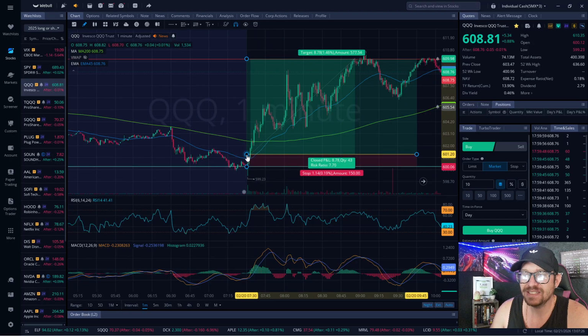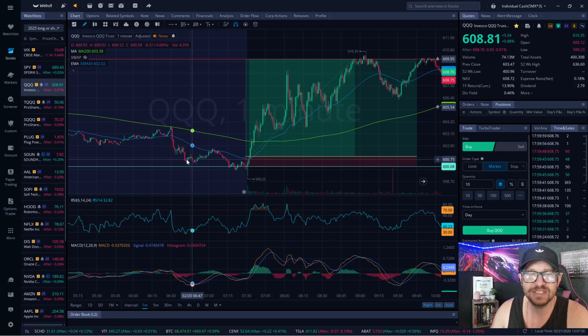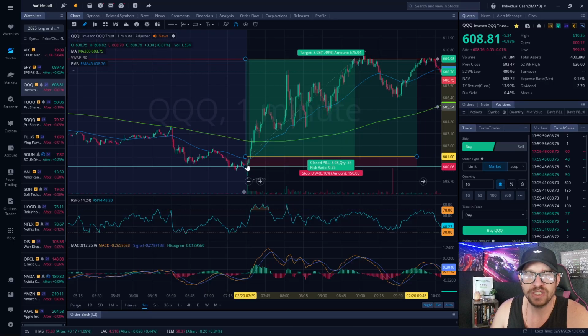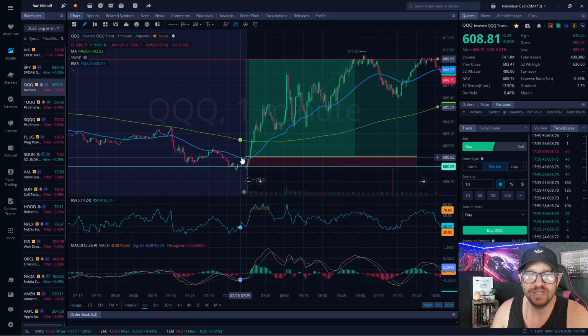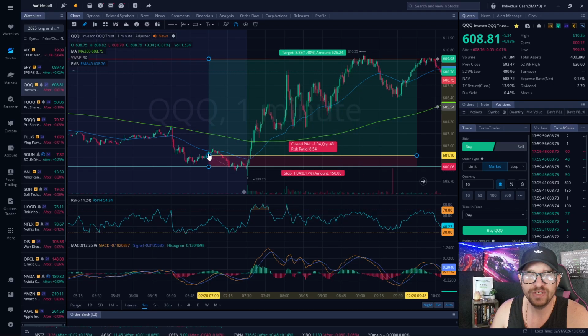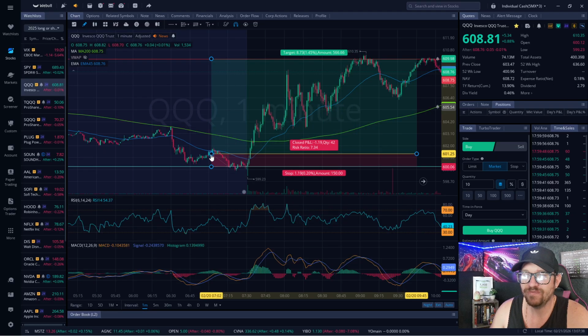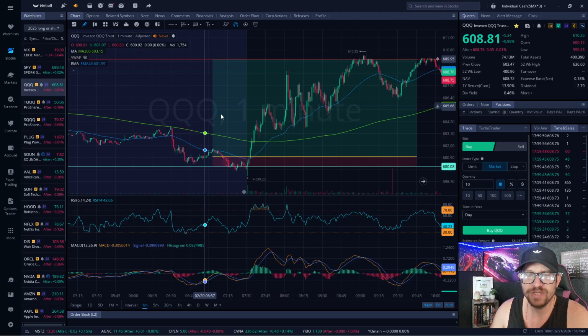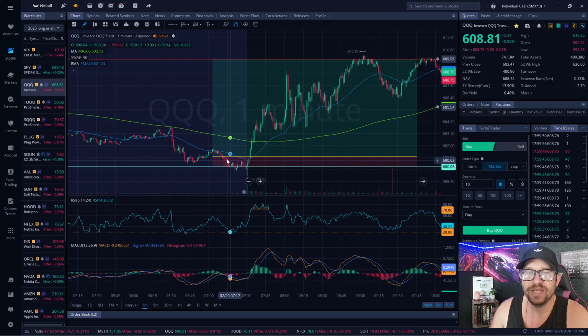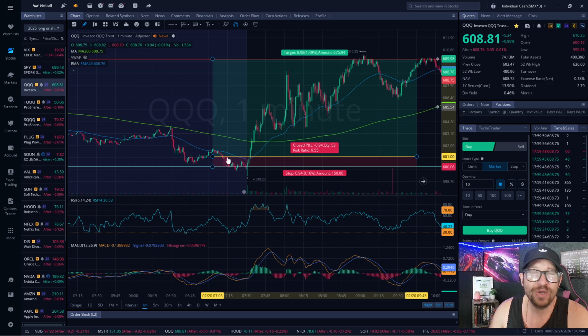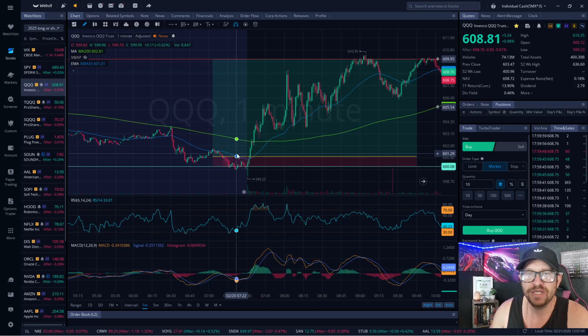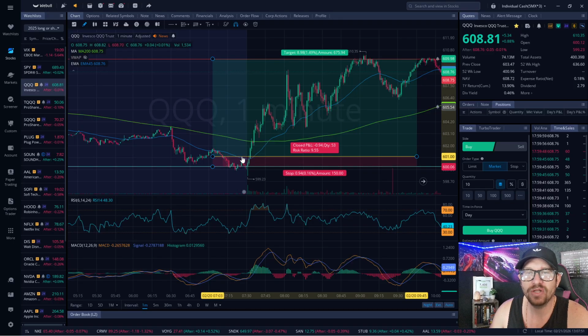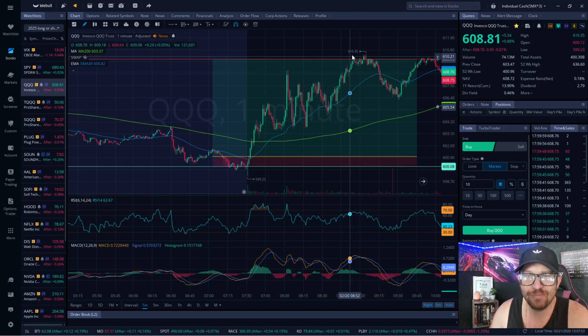Maybe you're buying at 601 and now you have a better risk to reward. You identified this pre-market. You understood that there was some support levels going throughout this level here. You know, you got up early. You were very adamant about looking at this company, and you can see you have a 0.16% stop, or almost about $1 stop loss, to make potentially a $9 profit, or 1.5% on this trade.